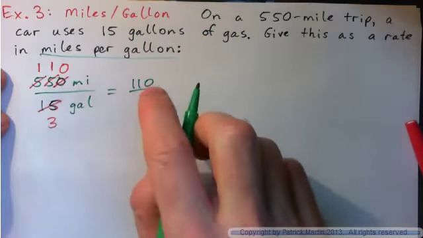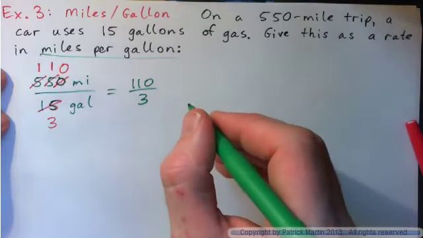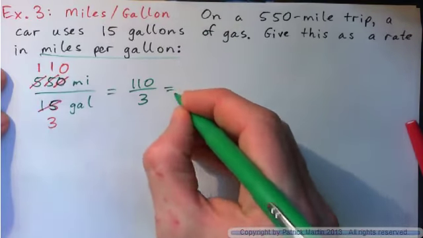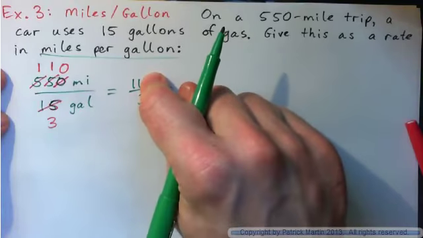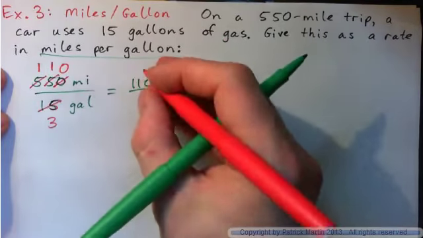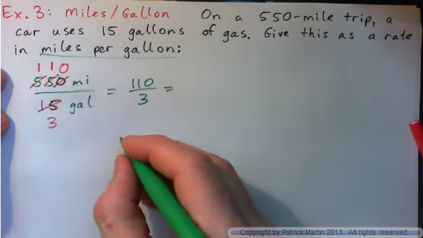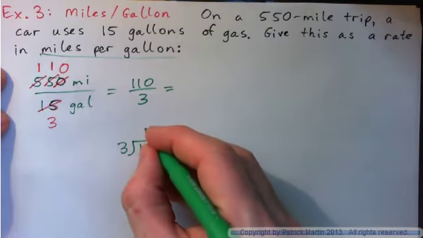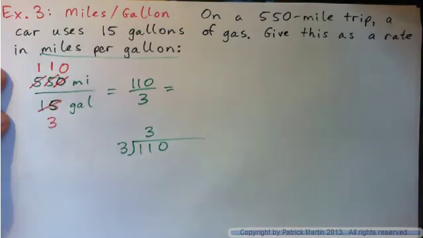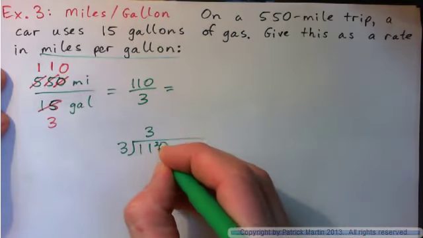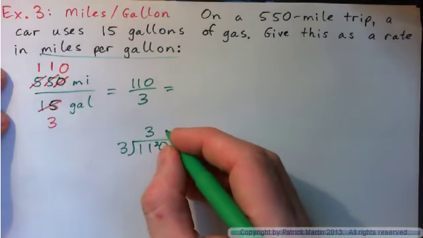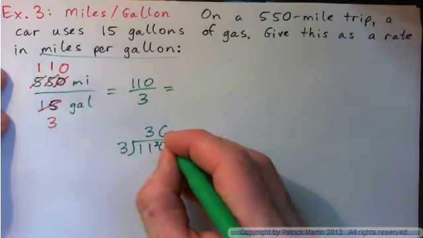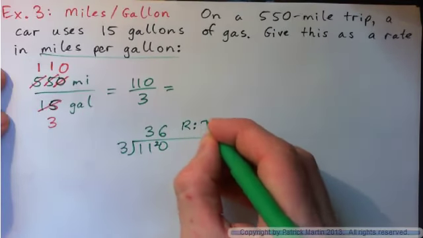But I'll give this as a mixed number again. So 3 into 11 goes how many times? You could do long division if you like. 3 into 11, 3 times, remainder 2. 3 into 20 goes 6 times, remainder 2.